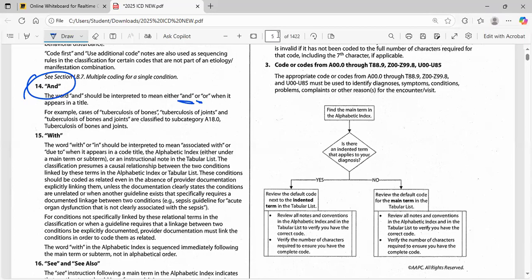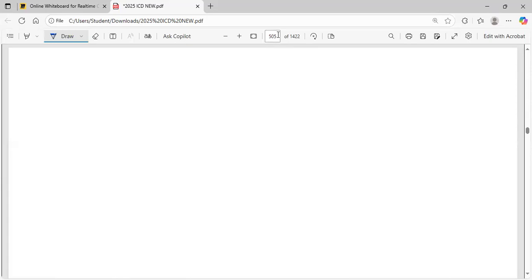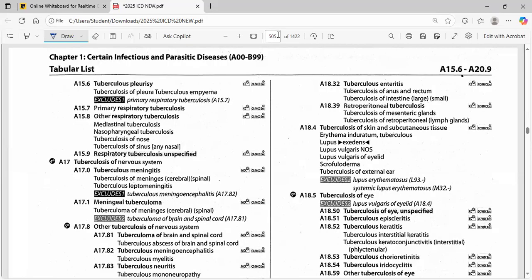If the "and" is listed in an incomplete code, then it will be interpreted as an "or."